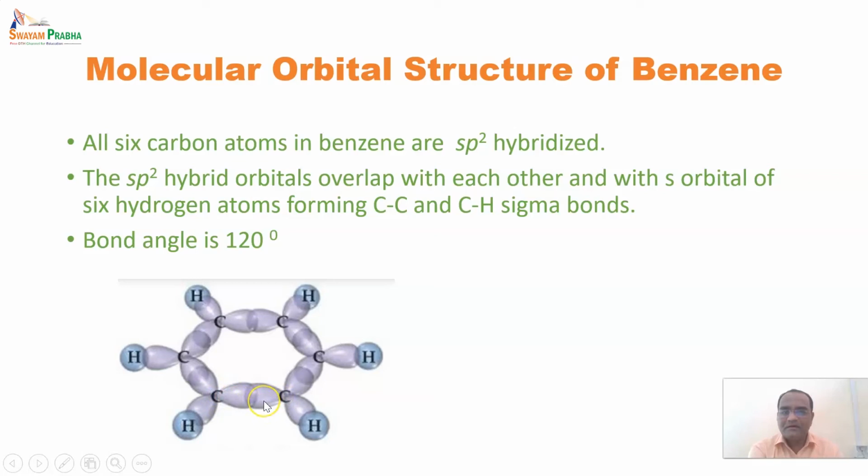This sigma type of overlap is between carbon and carbon, and one more sigma bond has been formed between carbon and hydrogen. It is the overlap of the s orbital of hydrogen.